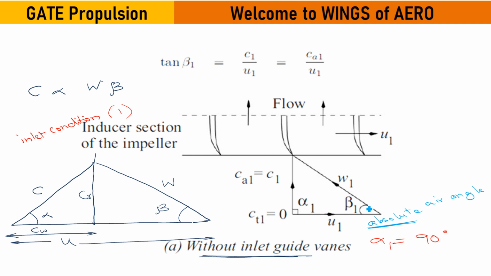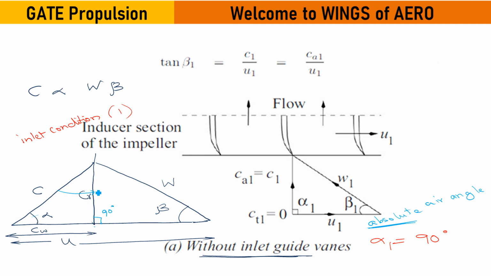Now how can we make this configuration if it is without inlet guide vane? This has to be 90 degree, just like we have done for the radial case at the exit. So this alpha has to be 90. All those things will be shifting over here, right? This line is going to fall on this line.